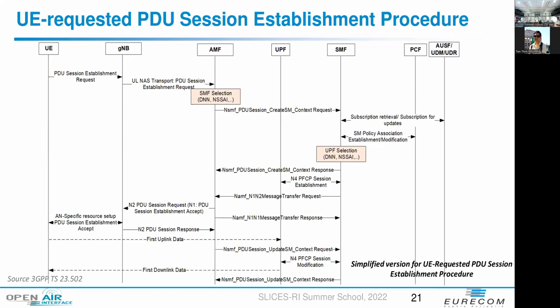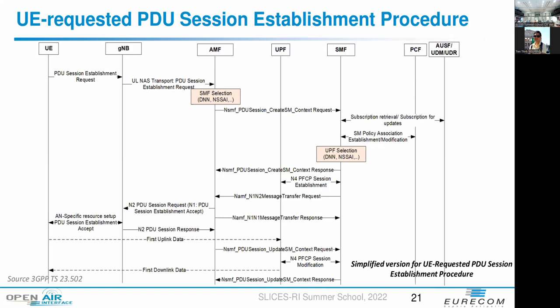And then SMF also sends the response to the AMF, including the tunnel ID information, so that the gNB can establish the GTP tunnel between the RAN and the UPF.